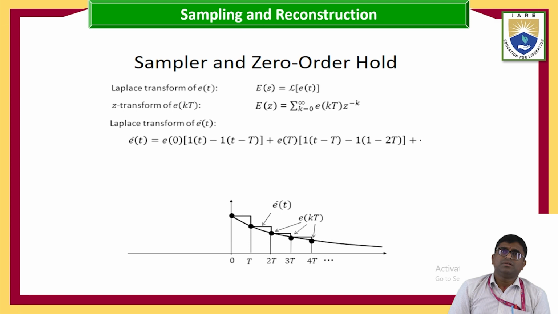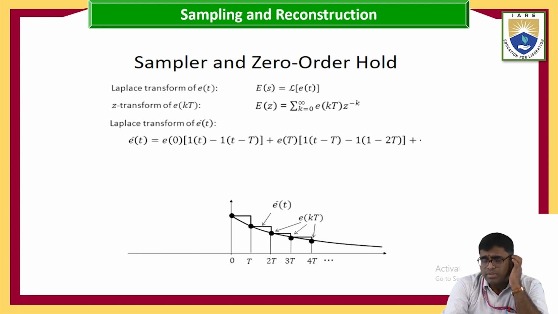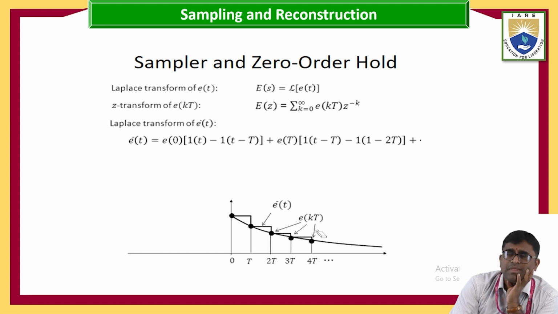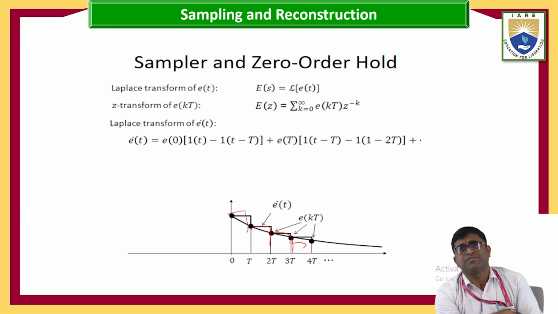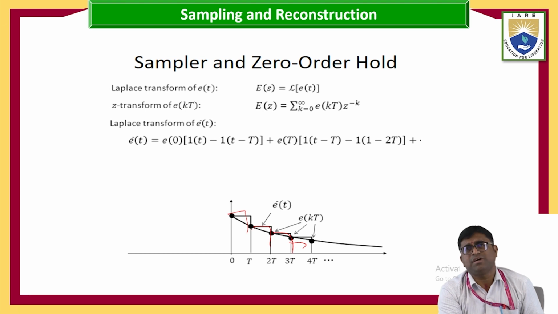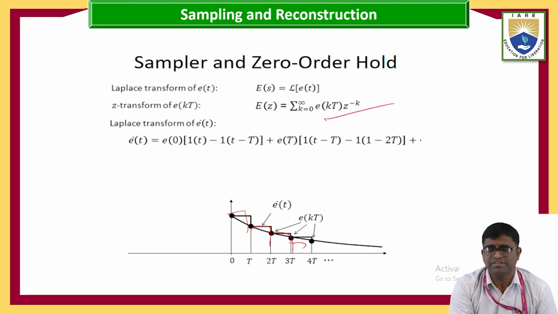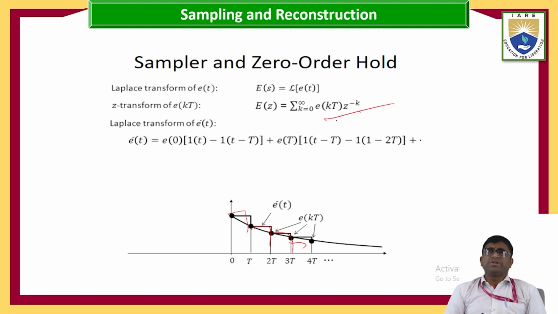Already in the previous PPT we saw this one. Here sampling is going to be processed, and it is going to be making the quantizer. The Laplace transform of E star of s is equal to the Laplace transform of E of t. For that one, the Z transform, we will see what the Z transform is in a later unit, second module. So what is the sample transform for this?